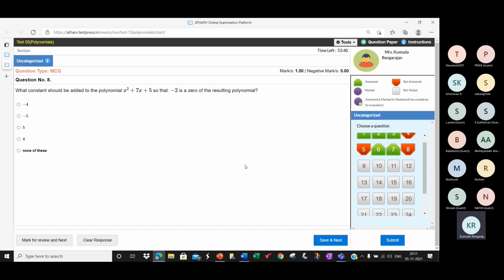Have you written as 5? 4 minus 14 is minus 10. Maybe you've got 5 plus k is equal to 0. Is it 5 or minus 5?